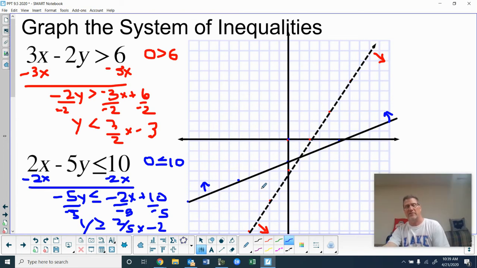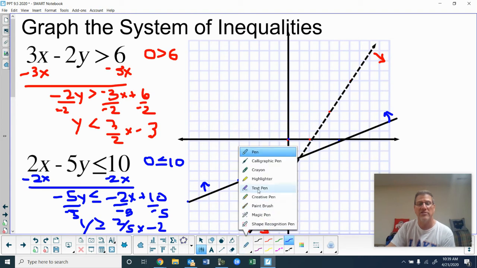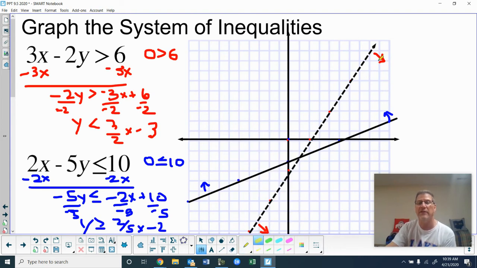All right. So where the two overlap would be above right of the dashed line and above left of the solid line. Where those would overlap would be this area in here. So let's go ahead and change it to a highlighter.